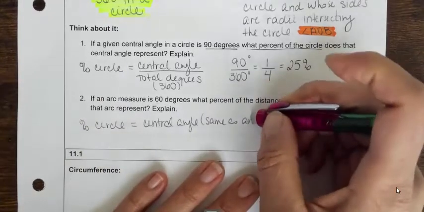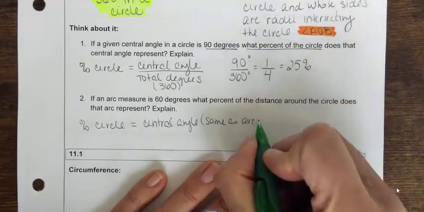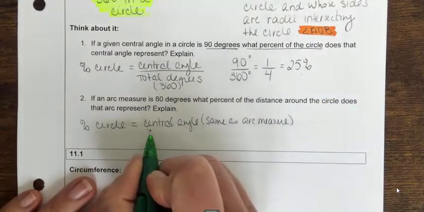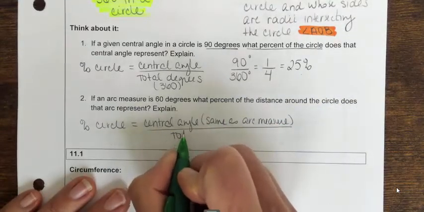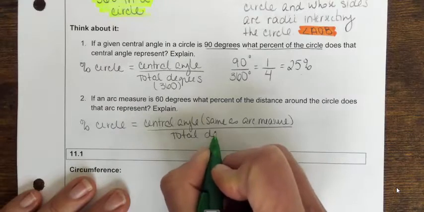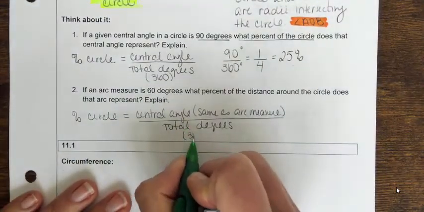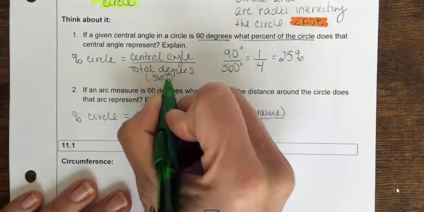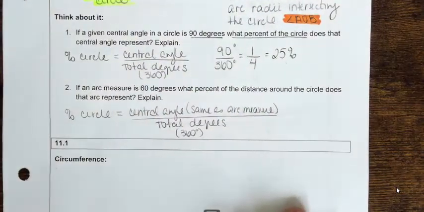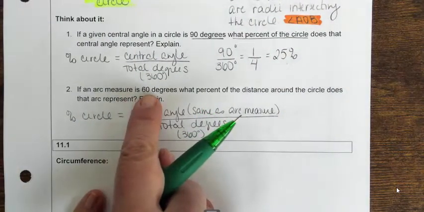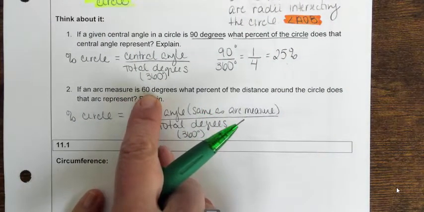over the total amount of degrees. And again, in a circle, that's going to be 360 degrees. Okay, so for this one, the arc measure is 60 degrees this time, not 90 degrees.